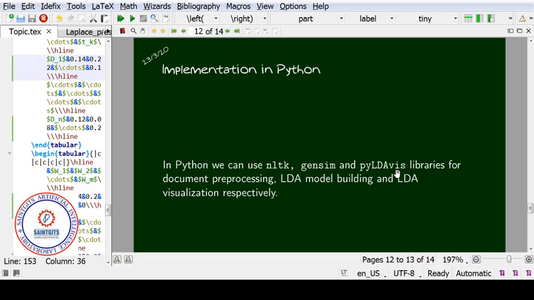This library helps us visualize our topic model. This visualization is also interactive. We can change a particular topic, topic 1, topic 2, etc., and we can calculate the probability, and it also brings us a PCA, a principal component analysis, in that visualization.